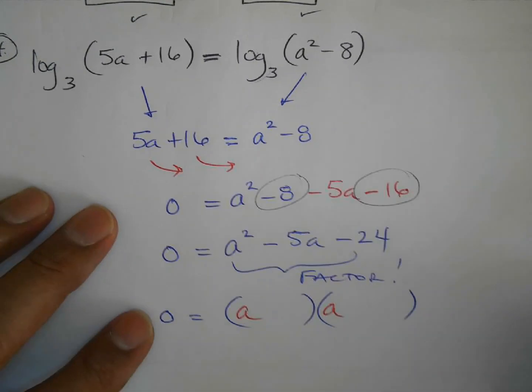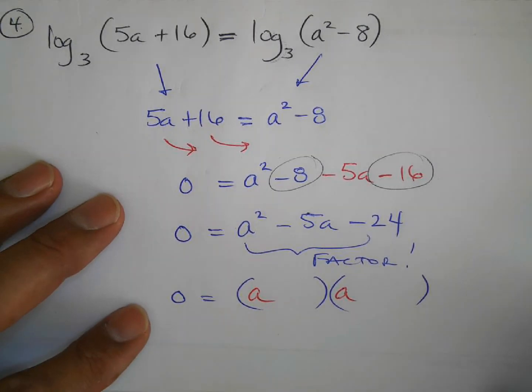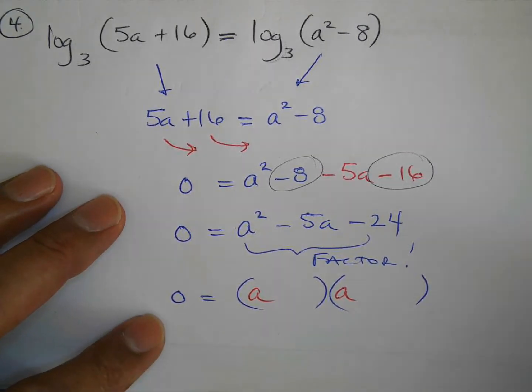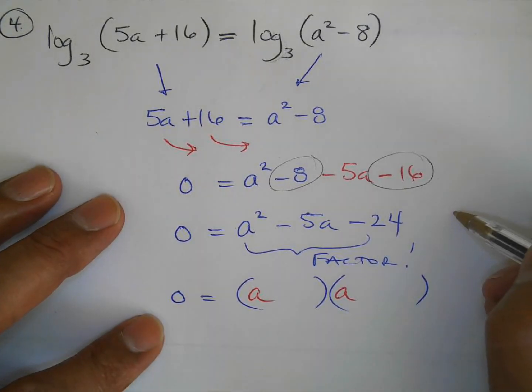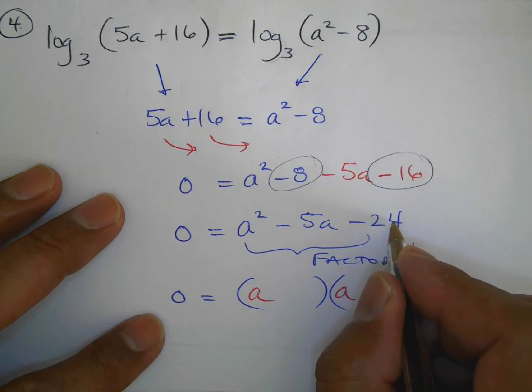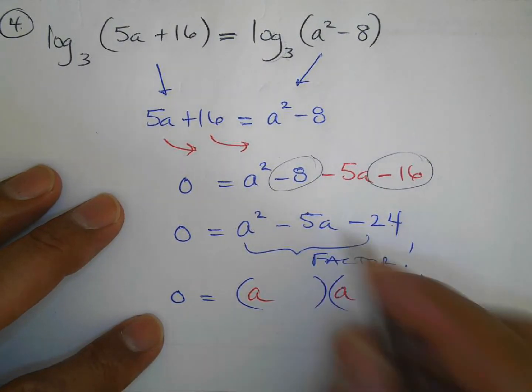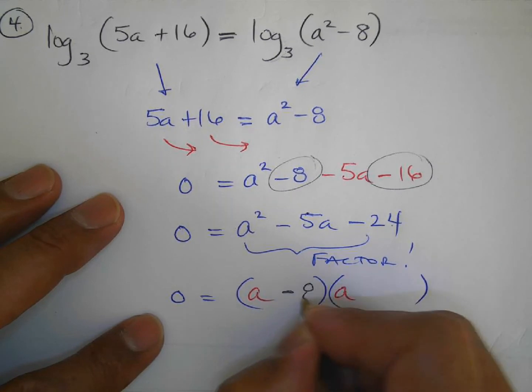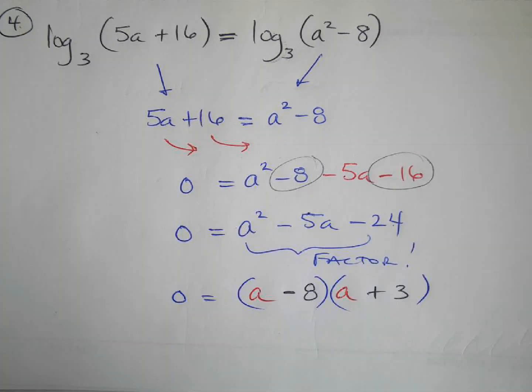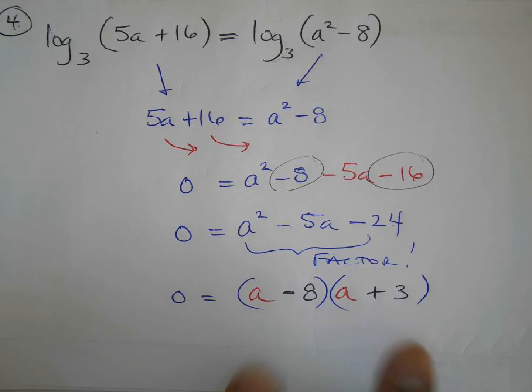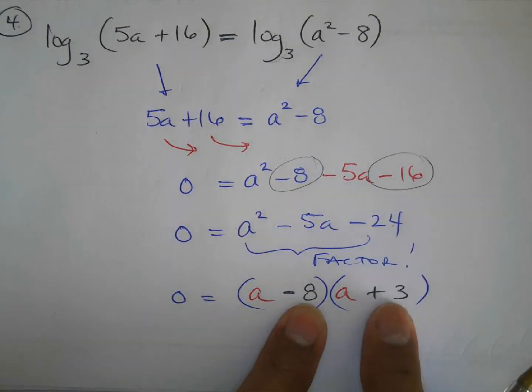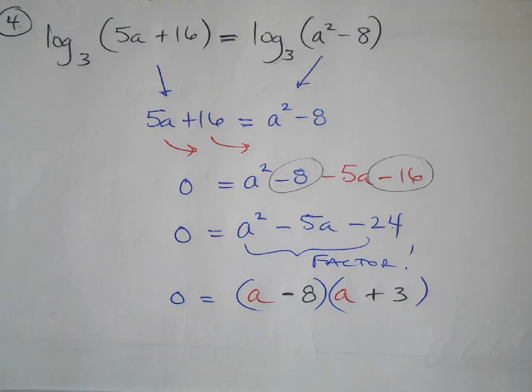Well, again, if you need to review factoring, you better go back and look at your notes on factoring. You make a list of all the factors of 24. The two factors that multiply to negative 24 and give you negative 5 are negative 8 and positive 3. Multiply these two, it gives you this. Add these two, it gives you the negative 5a.